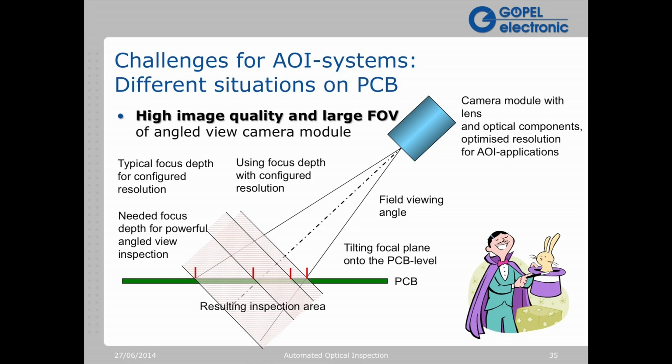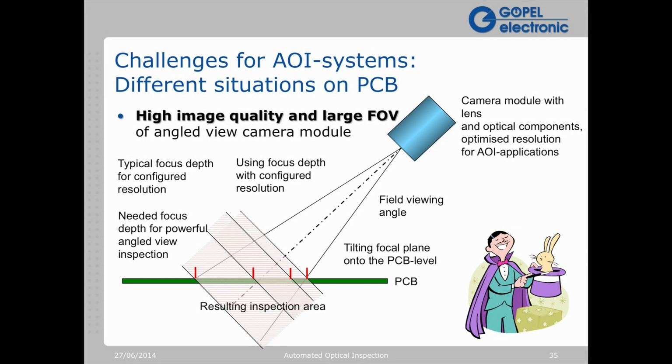In order to enlarge the field of view in a case like this, we would actually have to use a deeper field of focus. And this, of course, would have a significant impact on the image quality, so is in many ways undesirable.